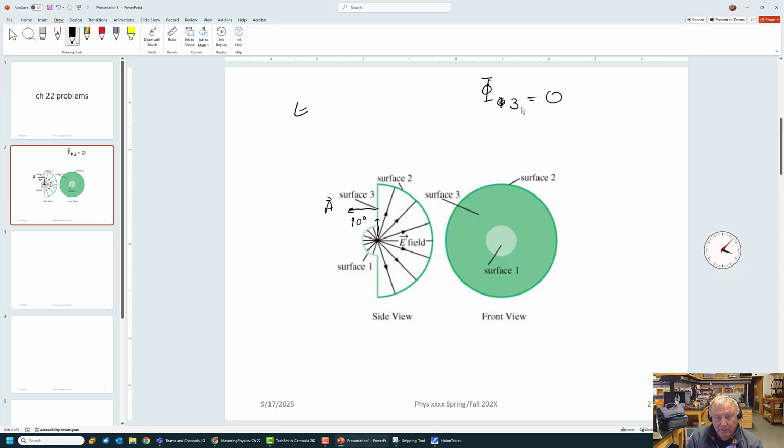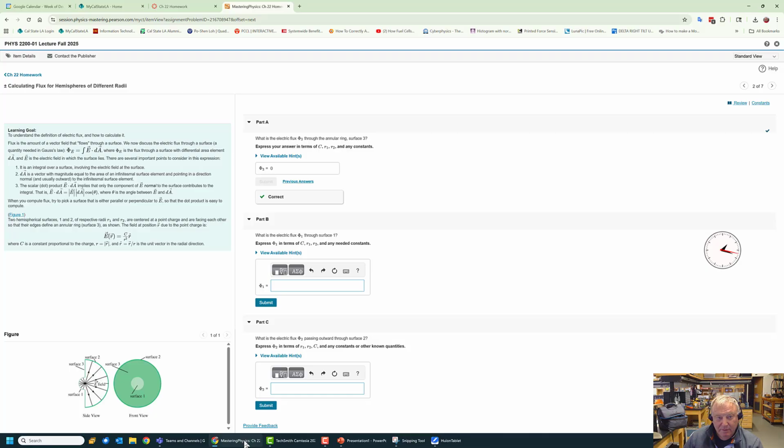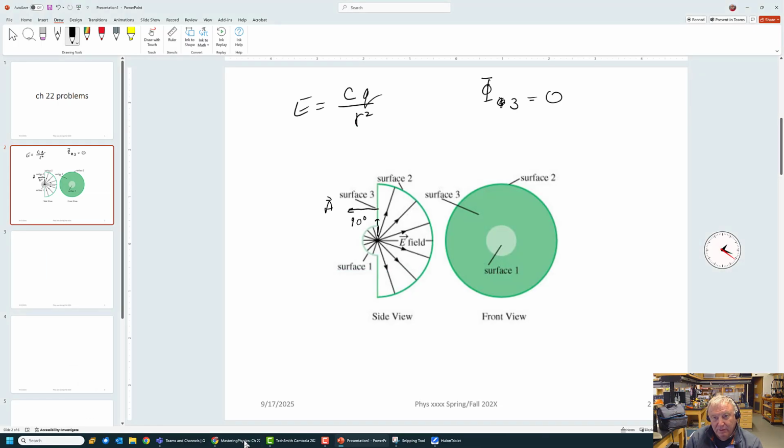Then, oh yeah, so E equals kQ over R squared, I suppose, and just k over R squared, okay? That works.